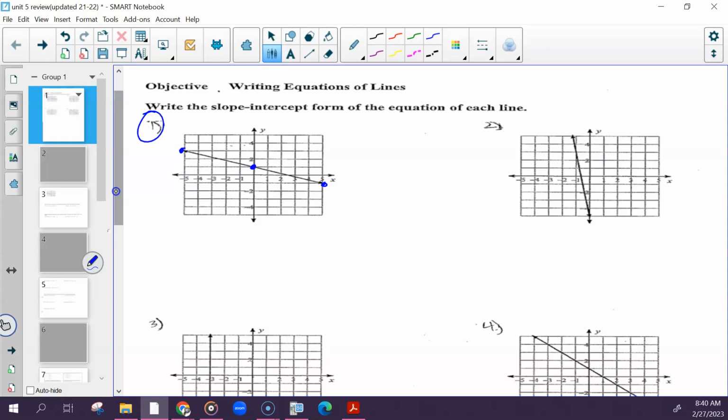So going up 2, to the left 1, 2, 3, 4, 5. Our y-intercept is at positive 1. So that equation would be y equals negative 2 over 5x plus 1.